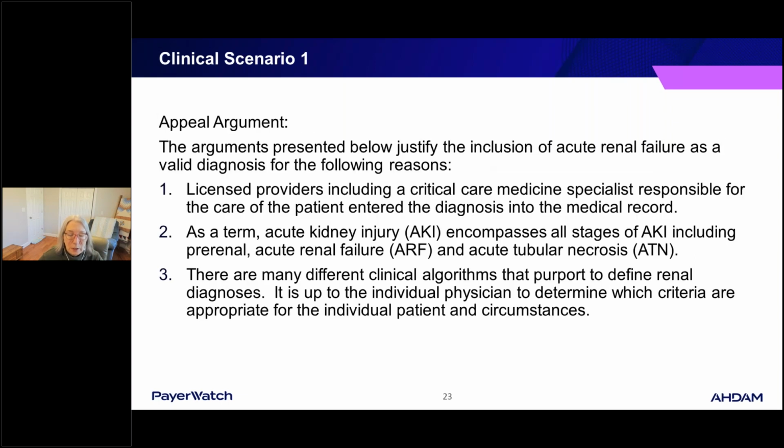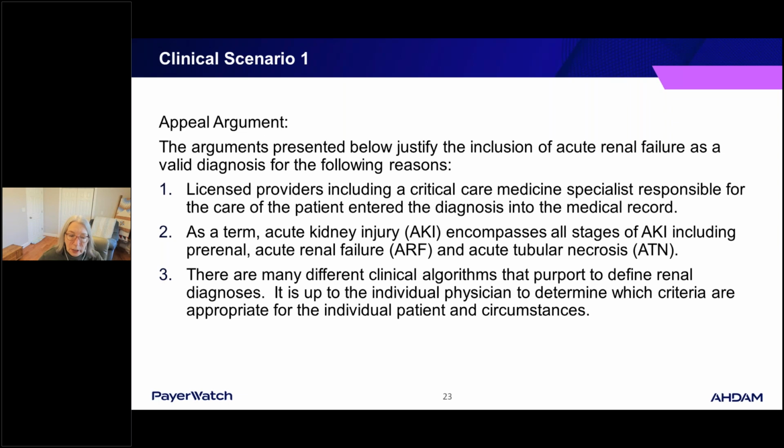So in the argument back to the payer, number one, we always say licensed providers, including whichever provider saw the patient. In this case, it was a critical care medicine specialist responsible for the care of the patient, entered the diagnosis in medical records. So that's a coding thing, right? That has to be in there. That's how it's done before you can code it.